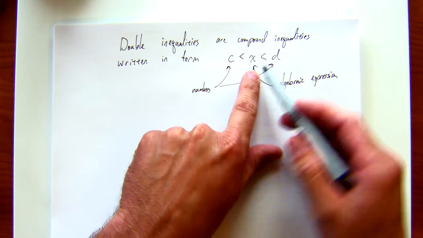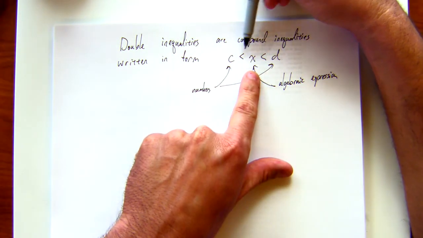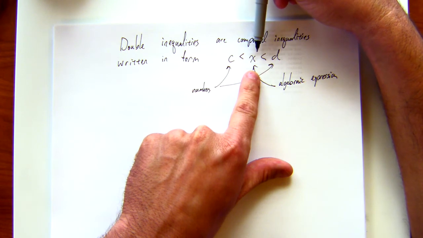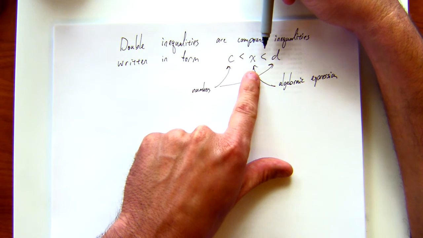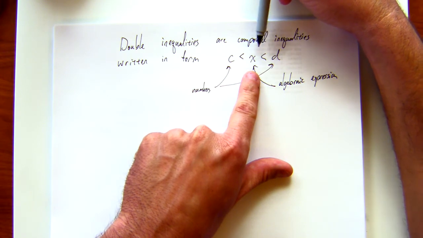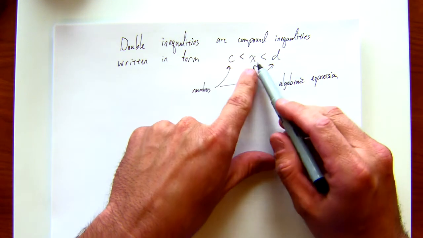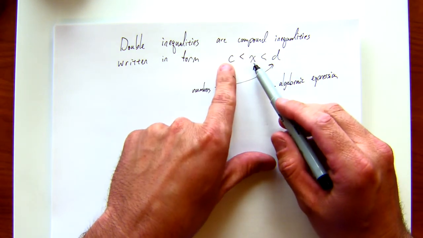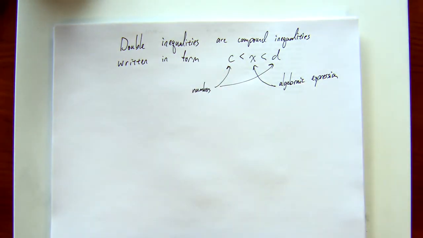Notice it also makes you think of what? What's another way to describe where X is in relation to C and D? It's in the middle, or in between, right? And that's exactly what it means. X is in between C and D. It's bigger than C and it's smaller than D. So it's somewhere in between there. Okay?